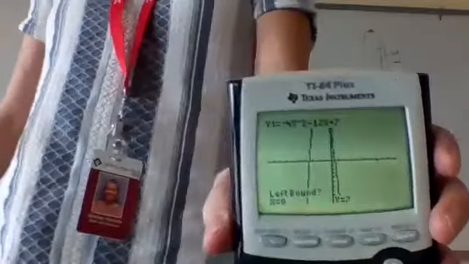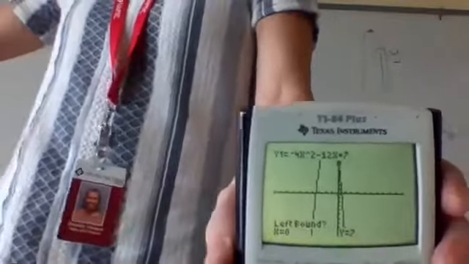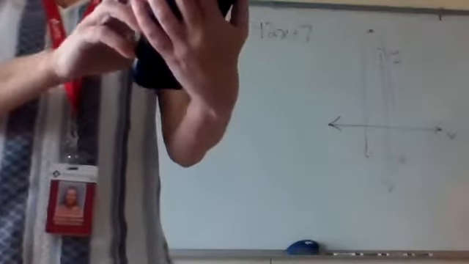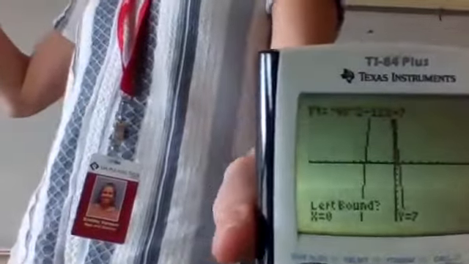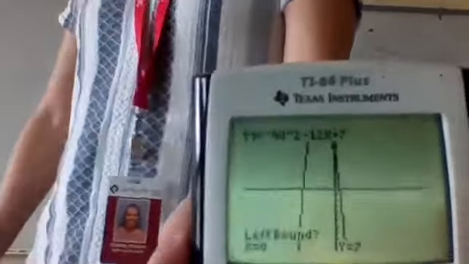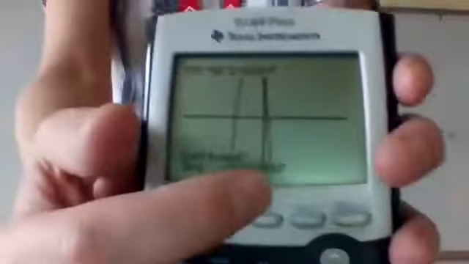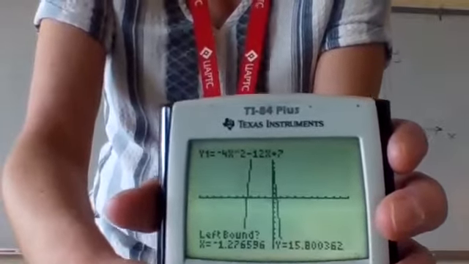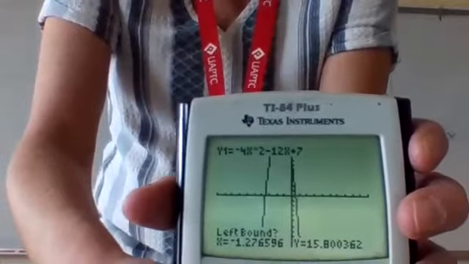So now it's going to ask me 2 questions. It's going to say left bound, right bound. So what I'm going to do first is, do you see where that blinking cursor is? Is it on the right side or the left side of that parabola right now? It's on the right side of it, isn't it? So I need to just hit my left arrow button until I get to the left side of the parabola.